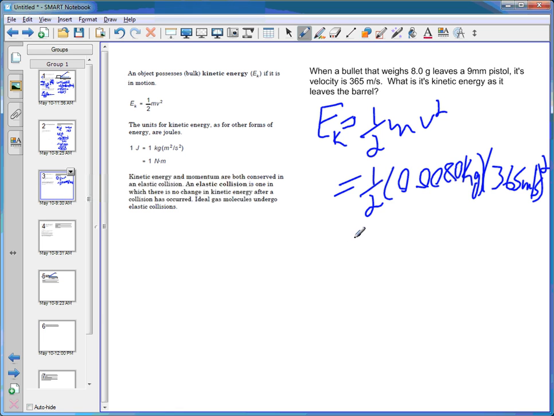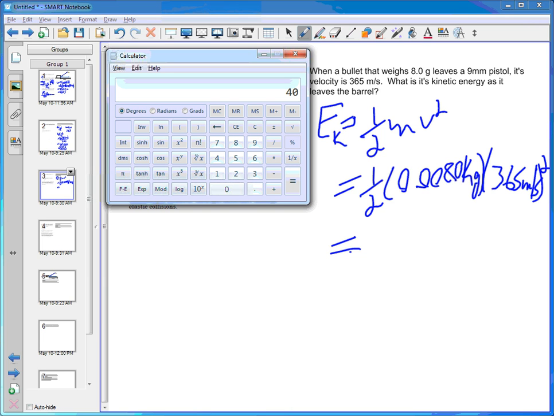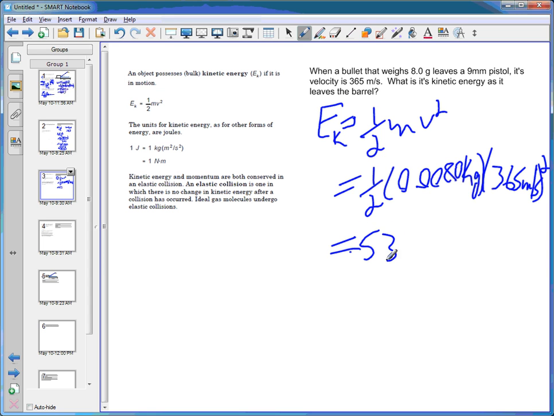Calculator, 365 squared times 0.008 times 1/2 gives 532.9 kilograms meters squared per second squared, which is a Newton meter, which is a joule.